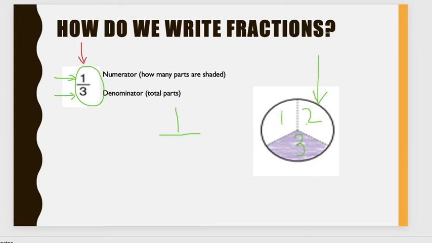And I know that it had 1, 2, 3 parts. So I would write 3. So to read this, it's 1/3. And that tells me that only one part out of 3 is shaded in purple.